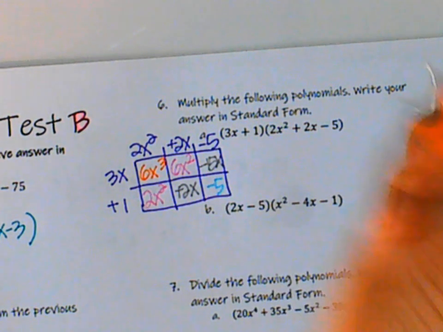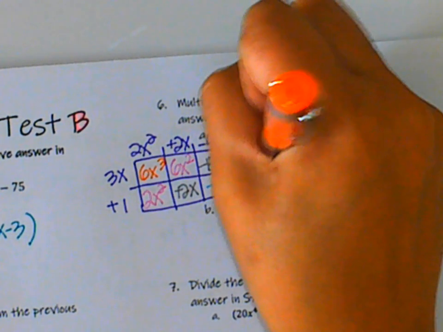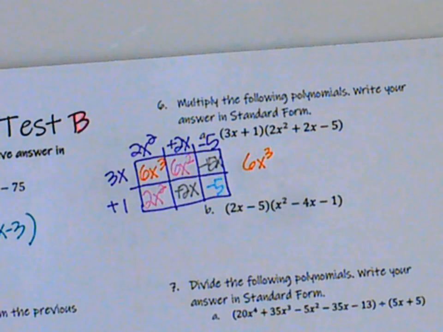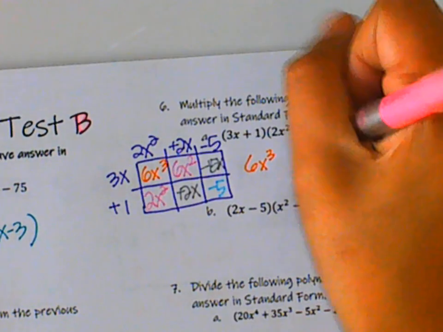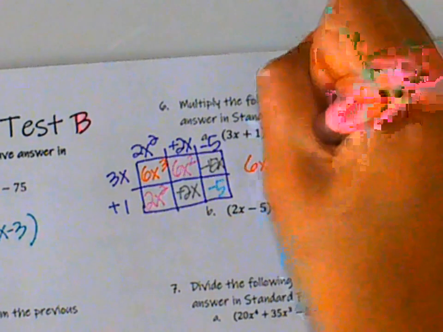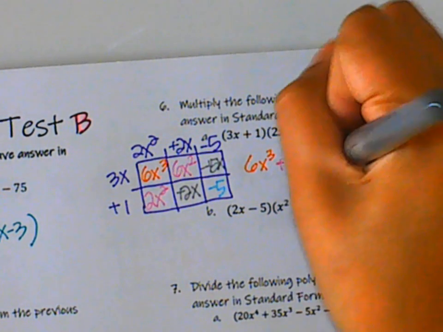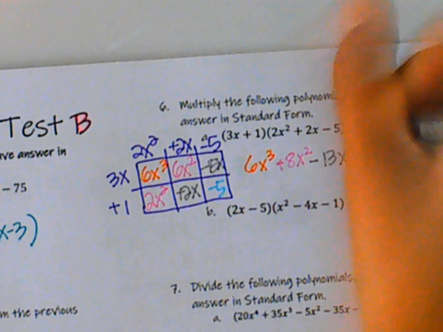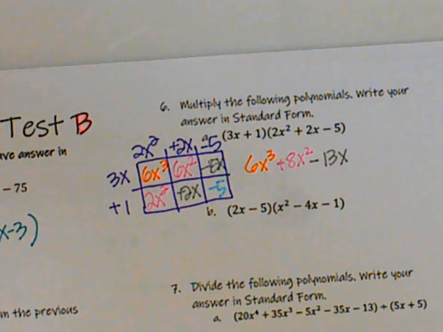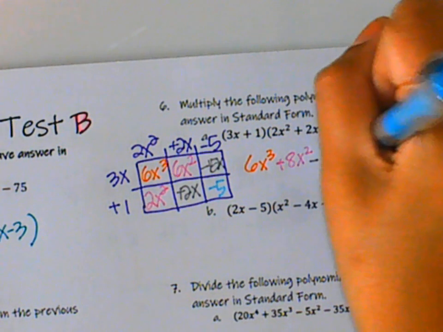They're usually diagonal. So here I can just write 6x cubed. I add these two and I get 8x squared. Combine these two and I get a negative 13x. And then lastly, I get this minus 5 here.